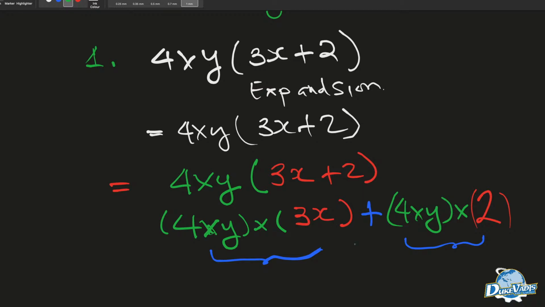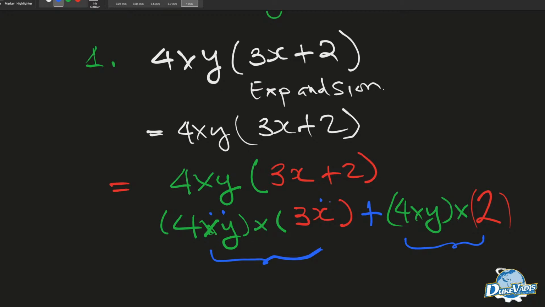We have x here and another x here, and x has a coefficient of 1, so we don't write it.